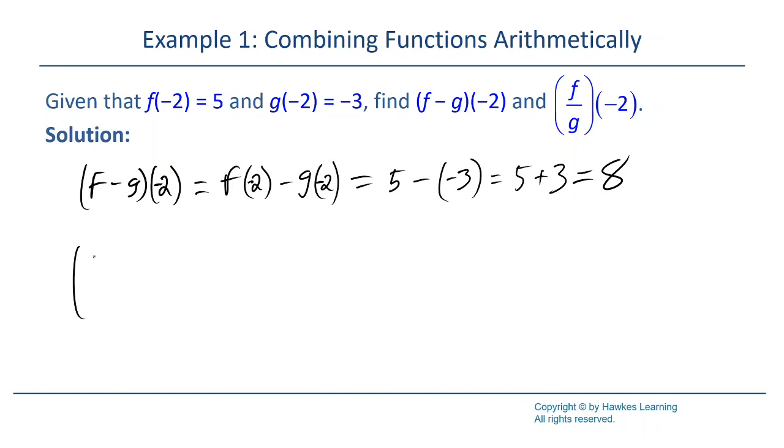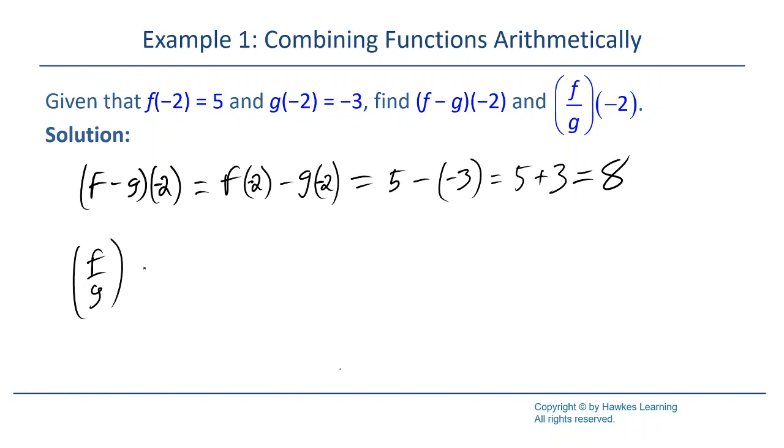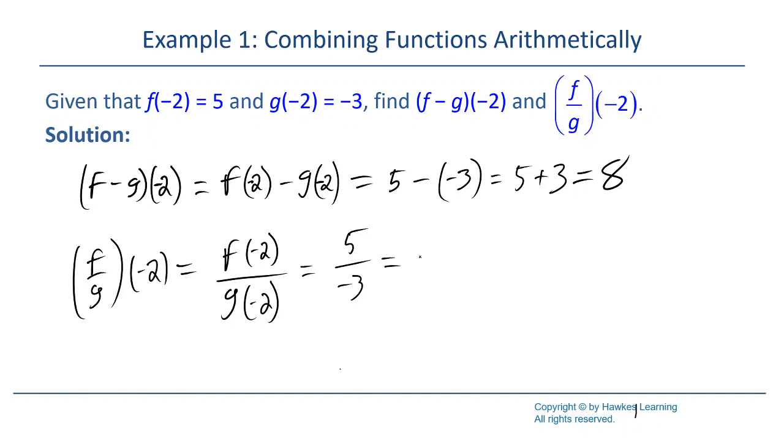And then if we do f over g, oh, that parentheses turned out ugly. That's a lot better. Of negative 2, not positive 2, is equal to f of negative 2 divided by g of negative 2, which is equal to 5 divided by negative 3, or more simply put, negative 5/3.